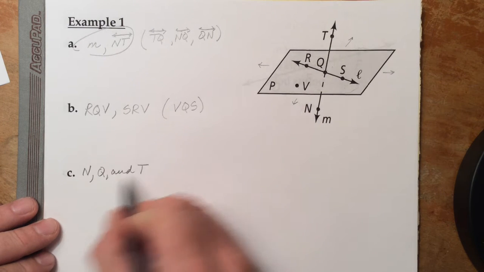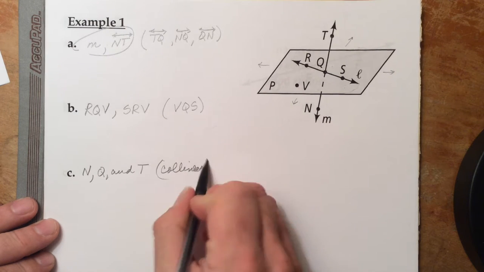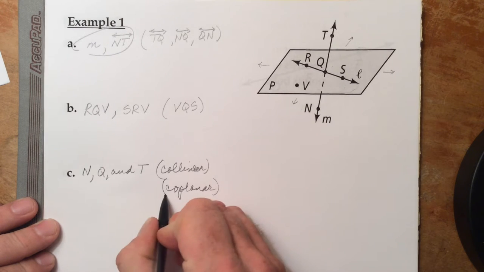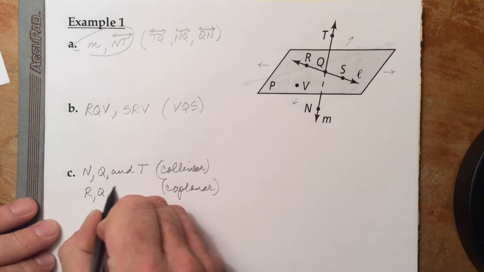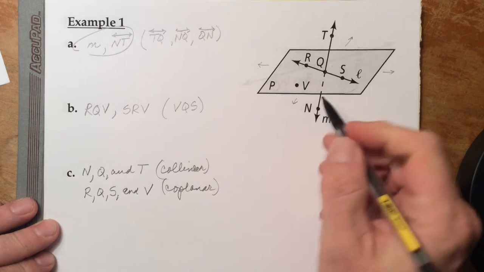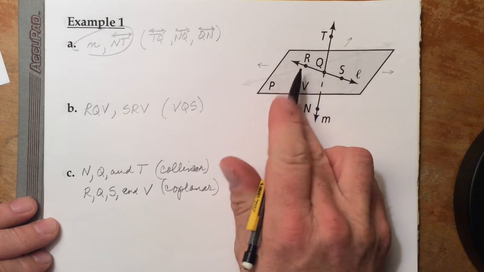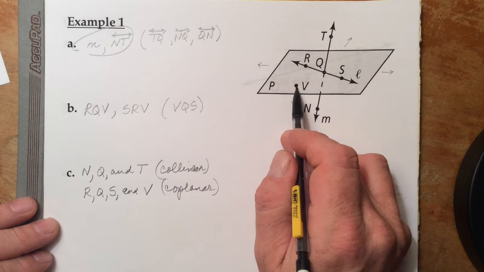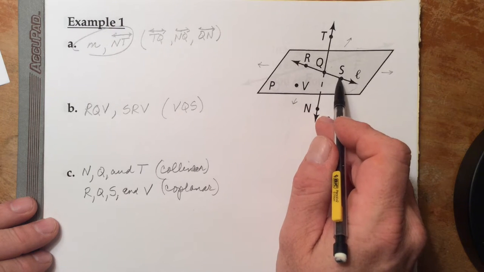So for our coplanar points, this was collinear. For our coplanar points, points R, Q, S, and V. V is vital for our listing because if we only named R, Q, and S, those are collinear. So this point V allows us to name all 4 of these as coplanar.